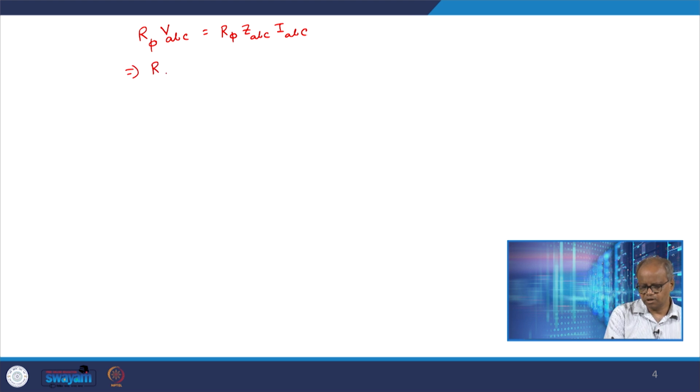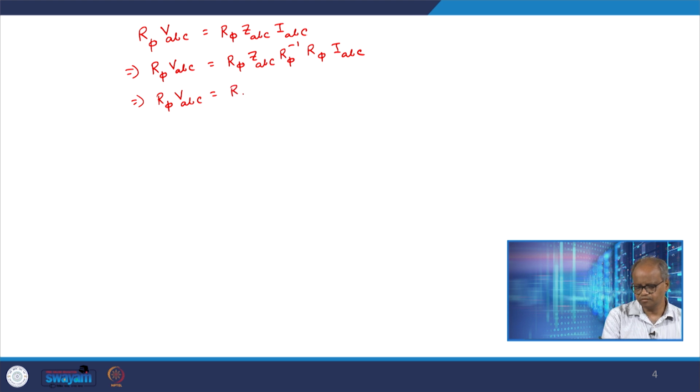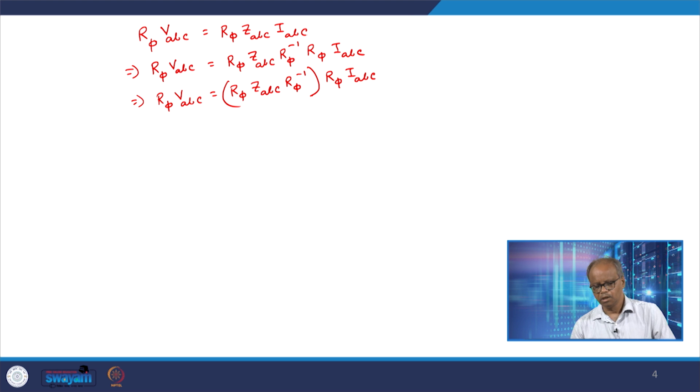I can also write this as R phi into V ABC is equal to R phi into Z ABC, and then I pre-multiply with R phi inverse R phi into I ABC. So I can simply write that R phi into V ABC is equal to R phi into Z ABC into R phi inverse, and then R phi into I ABC. Now, what is R phi into I ABC?